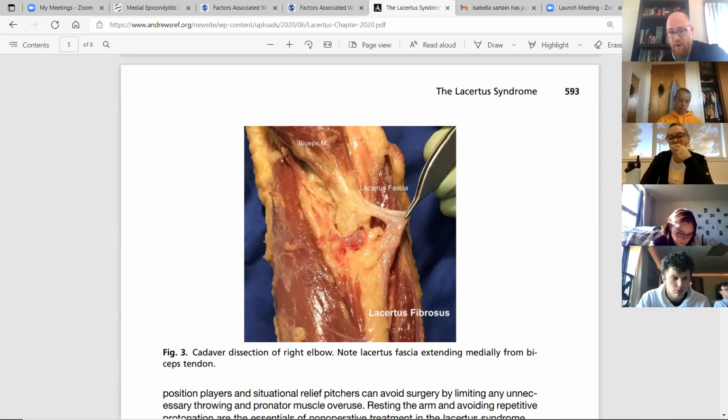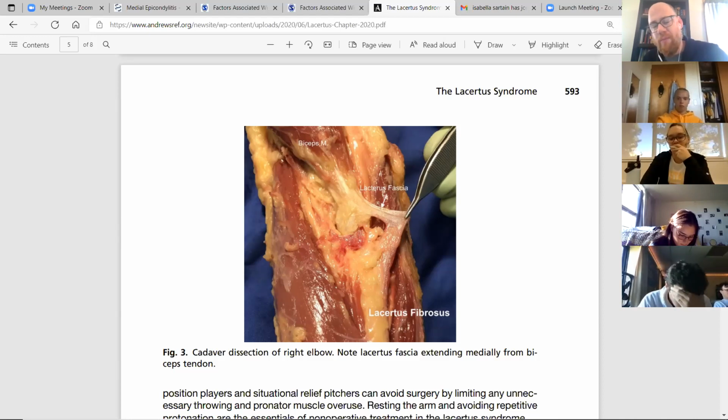So in somebody with posterior and inferior capsular tightness, the humeral head shifts, like we learned about, superiorly and posteriorly. But additionally, the bicep, remember, crosses two joints. The long head inserts on the supraglenoid tubercle, and the short head inserts on the coracoid, but it also comes down and inserts on the radial tuberosity at the elbow.